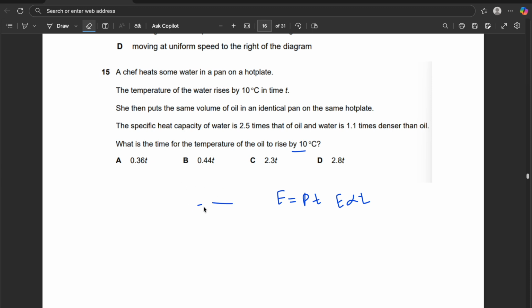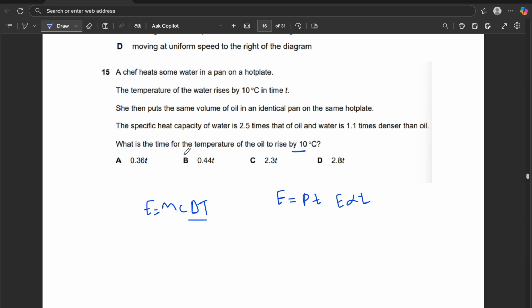We just write the equation in E form so that it's easier to compare, right? So the change in temperature is constant, and mass and specific heat capacity will be different, because mass will be different since it has different density but the same volume.